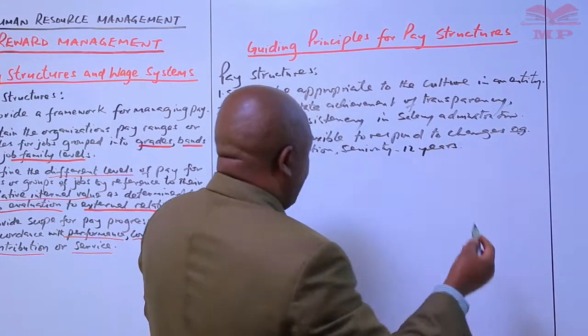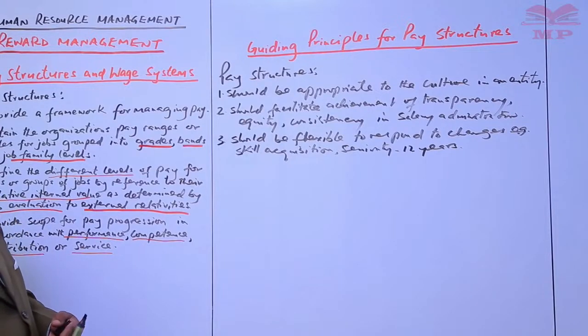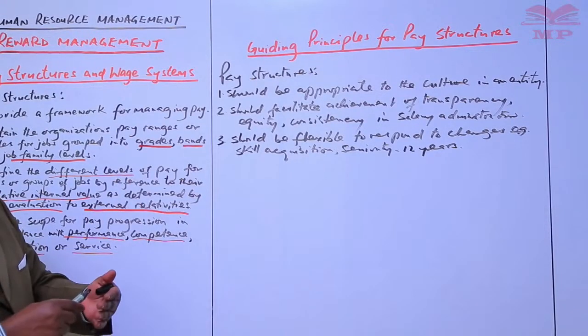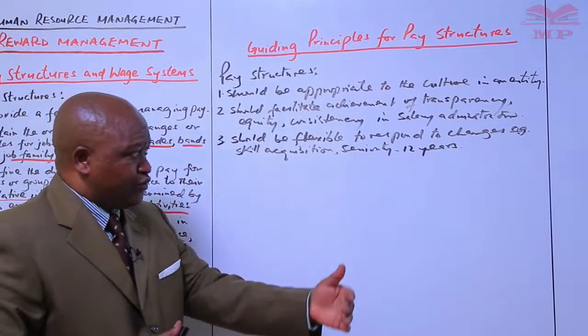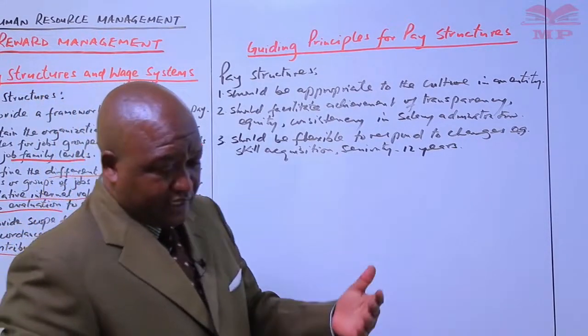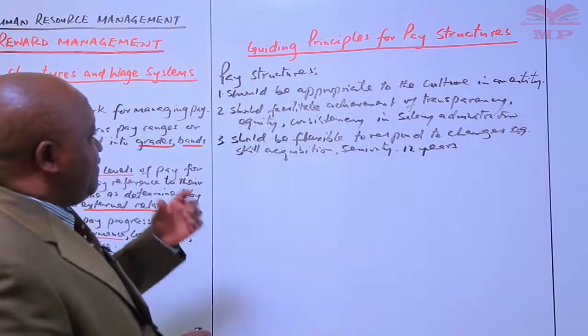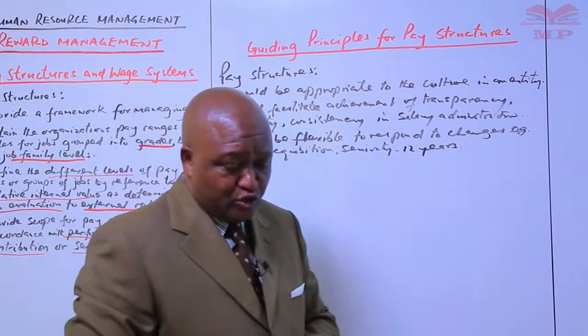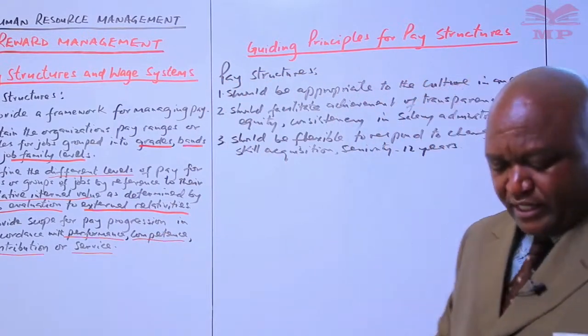If you have 3 workers, then this structure should provide that an employee who has been in an organization for 12 years could be moving on an annual progression, maybe annual increments and so on. So that becomes a very useful principle in designing pay structures within a given organization.